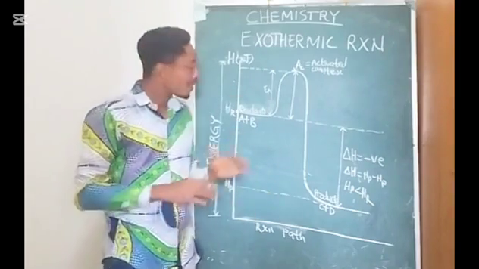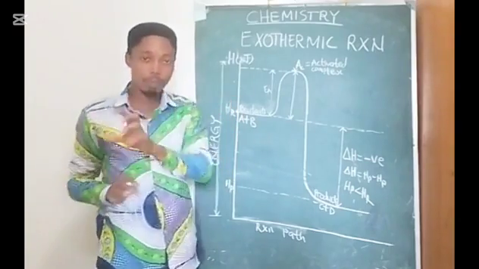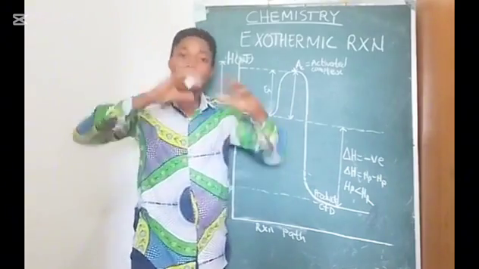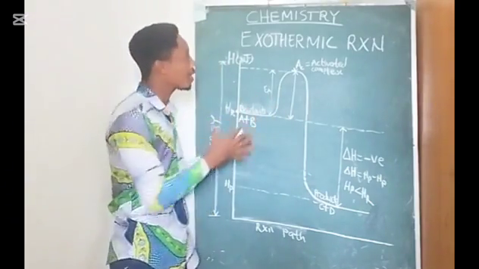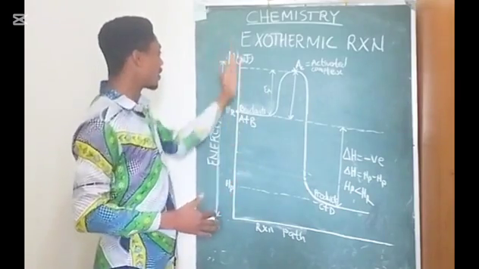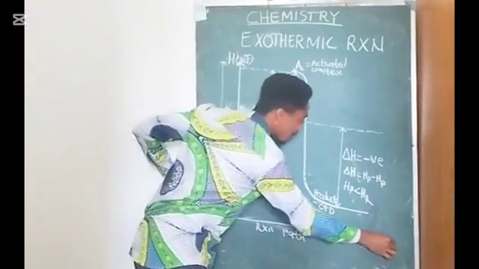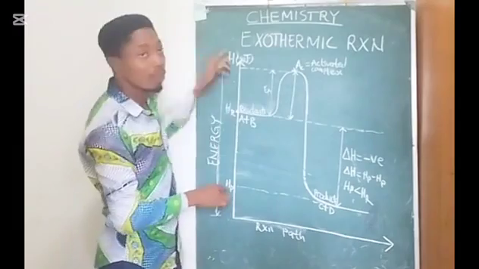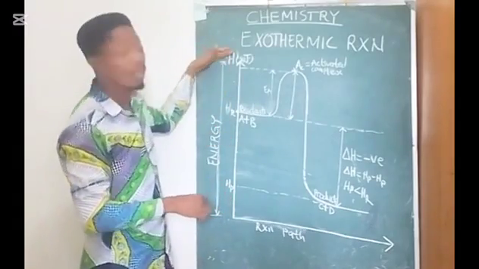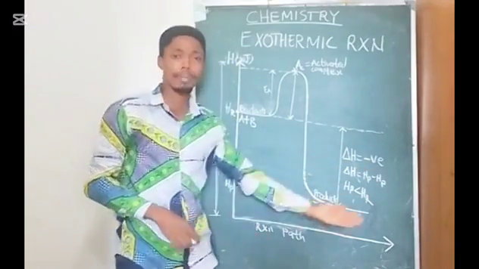So this is the summary of the little points we have established regarding an exothermic reaction. Now, if you look at this chart, on the vertical axis I have H. This H stands for the heat content, and on the horizontal axis, we are looking at the reaction path.